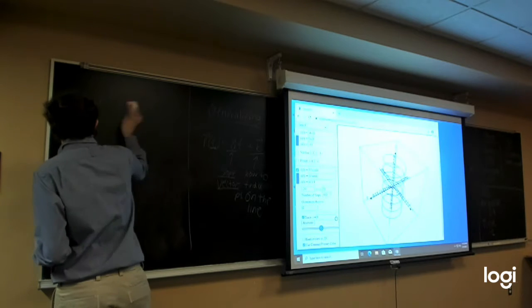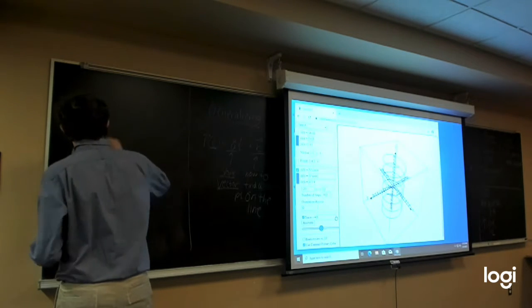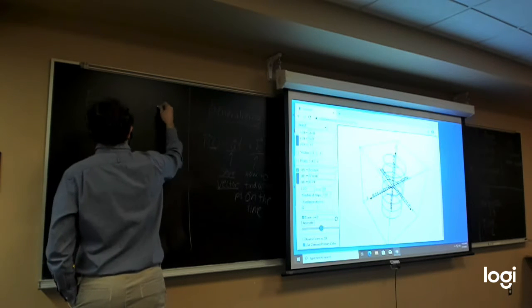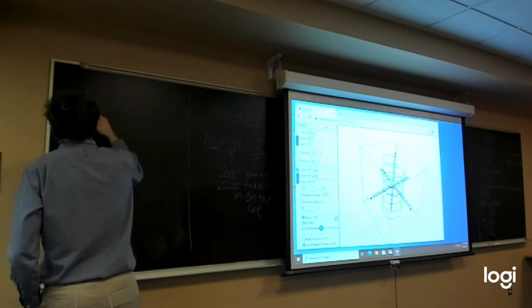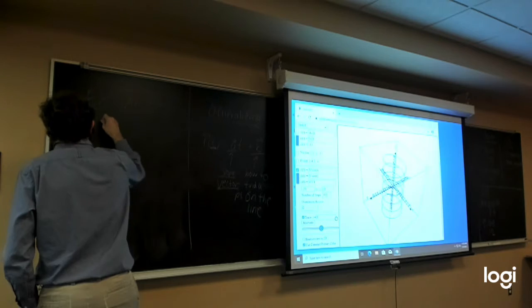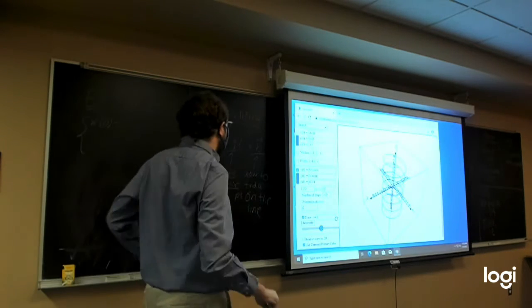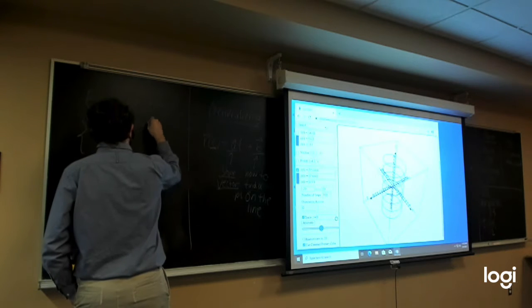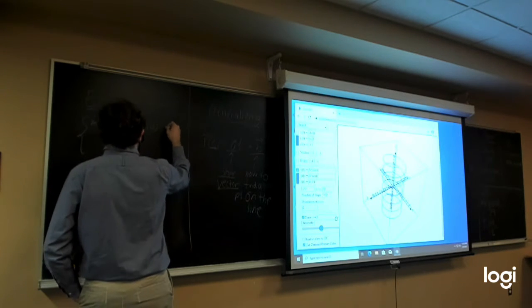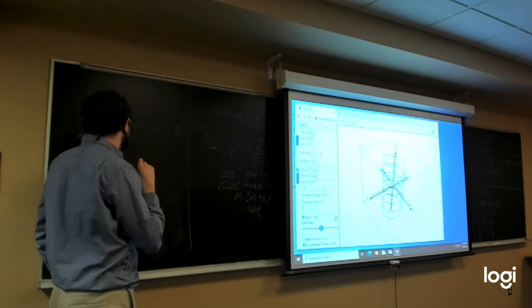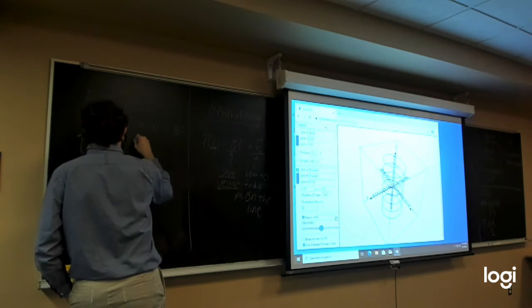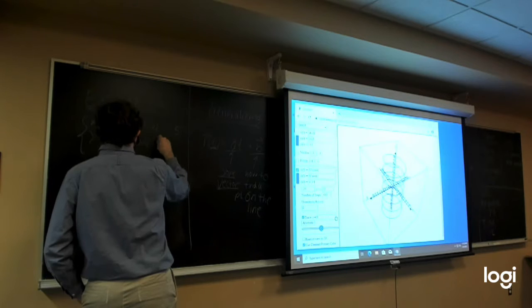So, for example, at t equals 0, we'll get that x of 0 is 5 times cosine of 0. Cosine of 0 is 1, so that's just going to give me 5. Y of 0 is going to give me 5 times sine of 0.